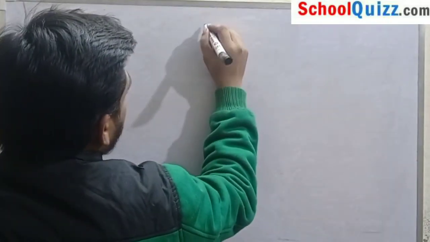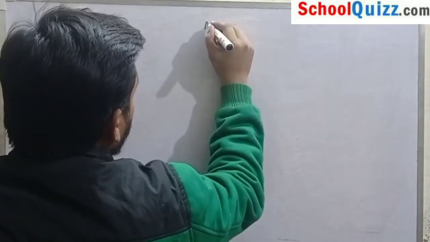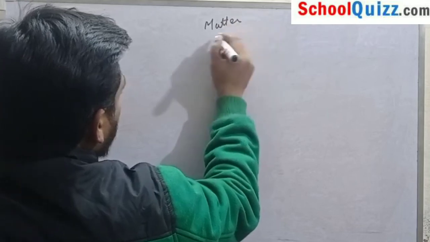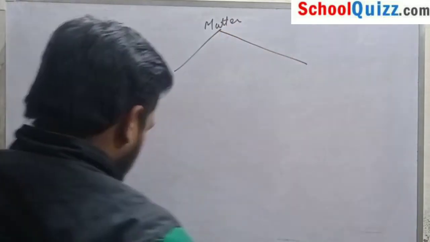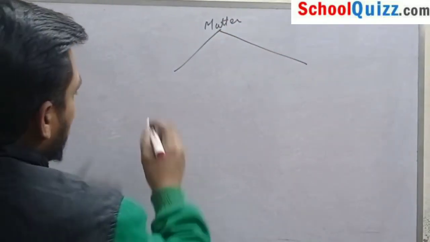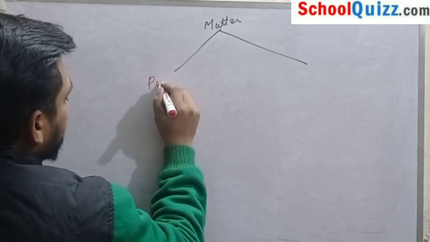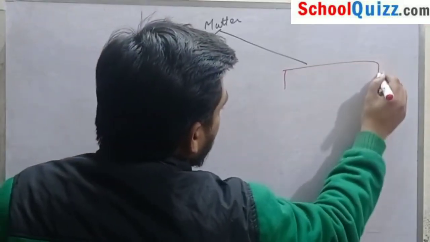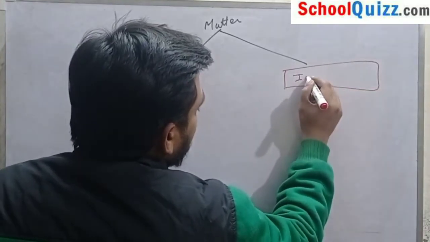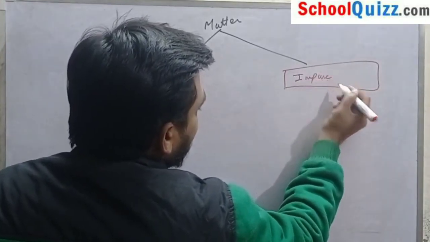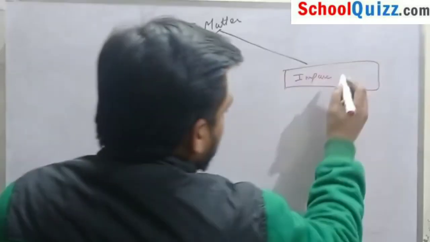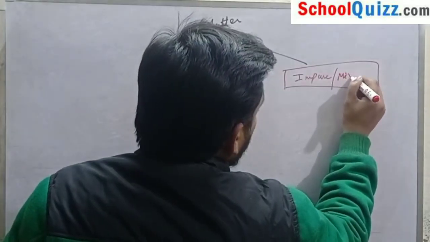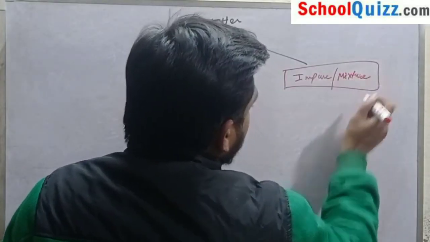Like if we take matter, matter can be classified as pure substance and impure substance, or we can regard impure as mixture.